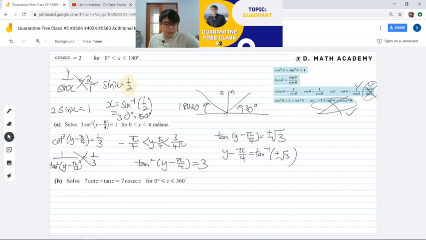Okay, remember the range they gave us was from the first and the second quadrant, somewhere around here to here. So based on the range that was given to us, key in your calculator tangent inverse square root 3.